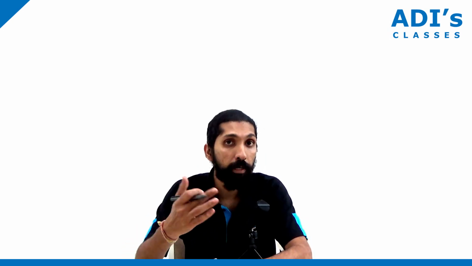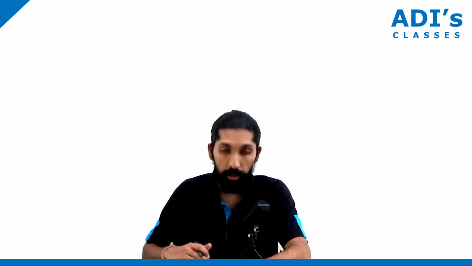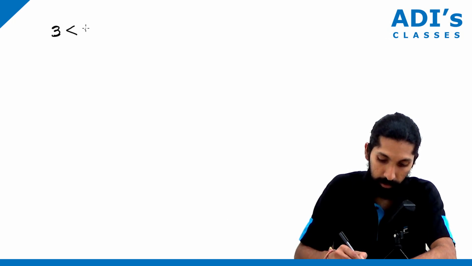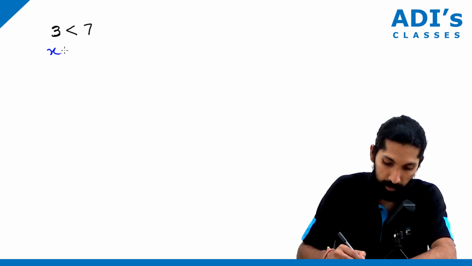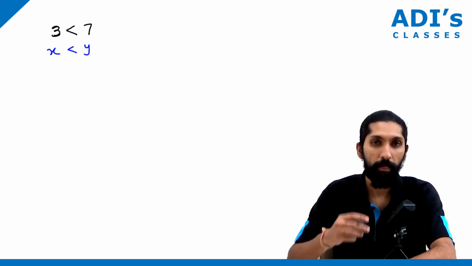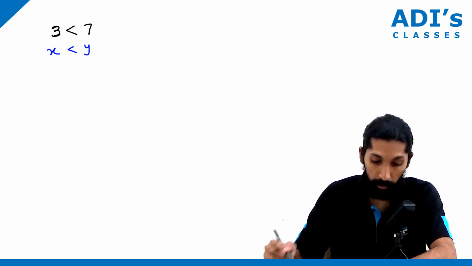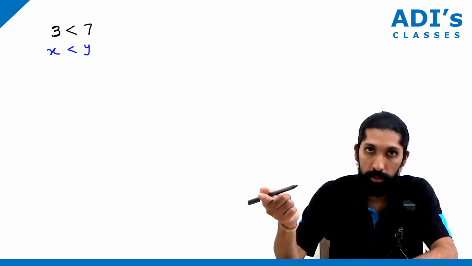See, rather than directly going for the property itself, let's start with a simple example. All right. See, we know that 3 is less than 7, right? Let's take that 3 is nothing but x and 7 is nothing but y. Simple example. Now we'll add 2 on both the sides.